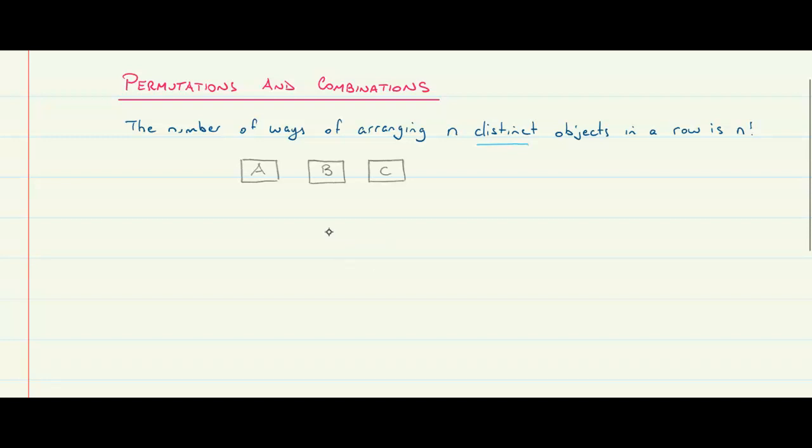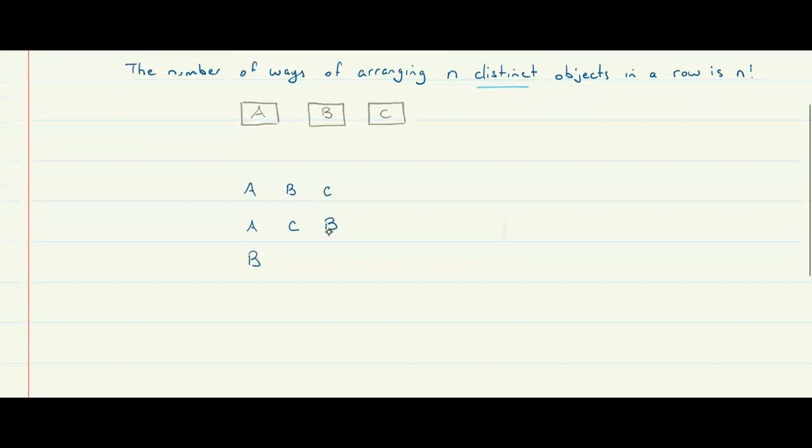So let's just lay out cards A, B, and C. How many ways of arranging these 3 things? Well, 3 factorial, I imagine, but let's have a look at them. We could list them out as A, B, C in that order, but then we could switch the order of the C and the B, and sure enough, a different arrangement.